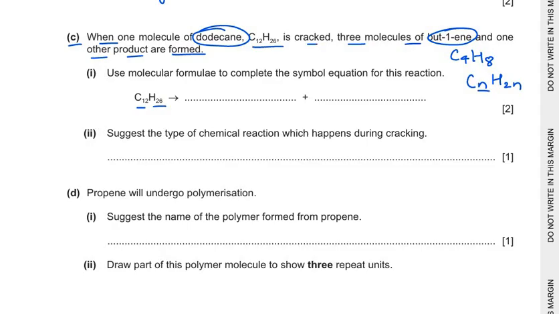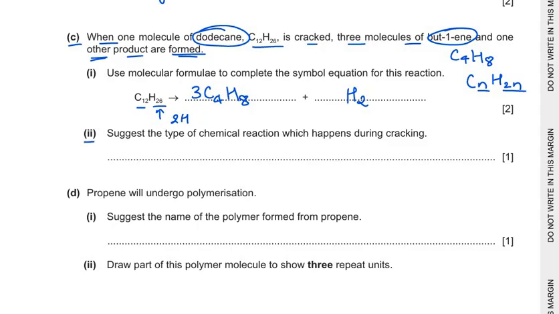So if n is 4, hydrogens are 8. Three such molecules of butene account for the 12 carbon atoms and 24 hydrogens, so we are left with only 2 hydrogens. So you can just write hydrogen molecule, that is H2 gas, will be formed as a byproduct. So the one other product is hydrogen gas, H2.